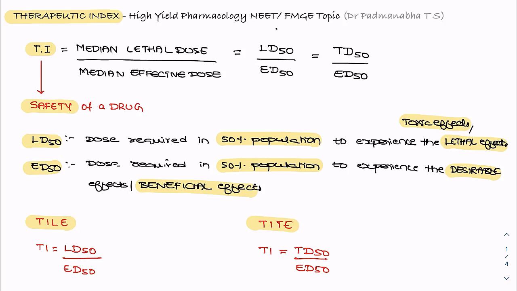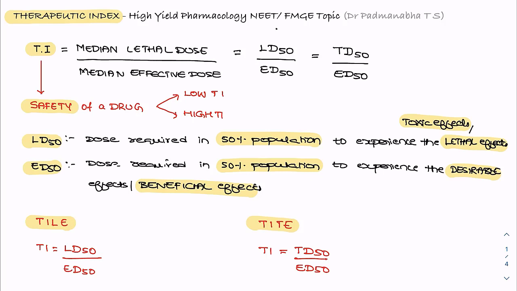We will also remember the drugs under the low therapeutic index. Since we are talking about the safety of a drug, therapeutic index can be classified into low therapeutic index and high therapeutic index.